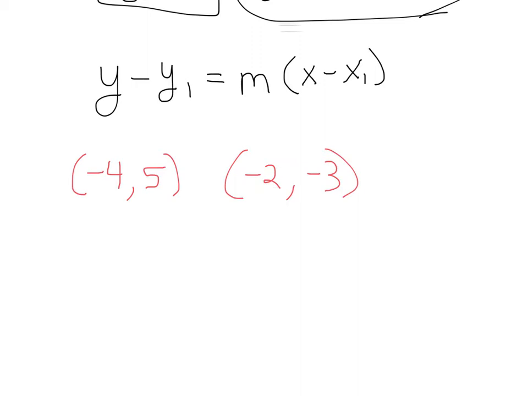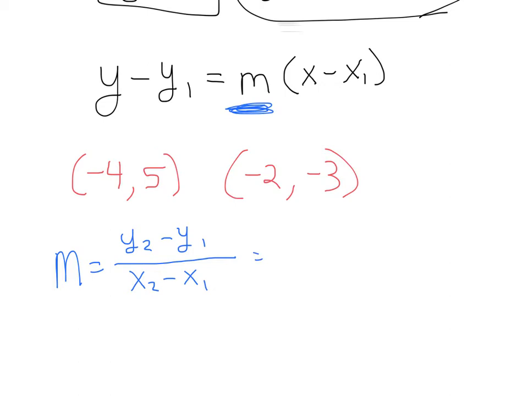So the first thing we need is to figure out what slope is. Slope is part of this formula, so we definitely need to find it. So m equals, if you remember the formula for slope, the change in y over the change in x. Let's do -3 minus 5. Remember, you could go in either direction, but once you choose a direction, you have to do the same thing.